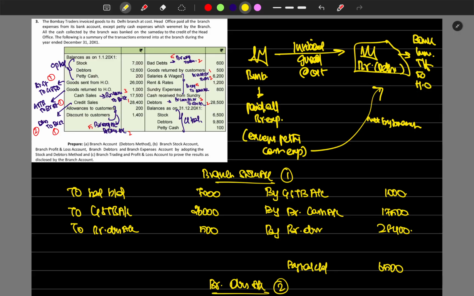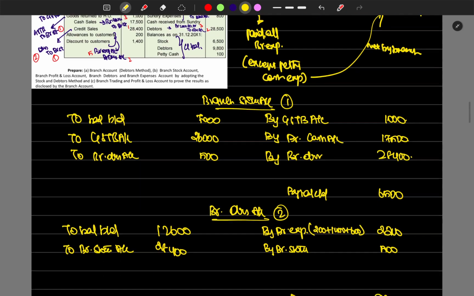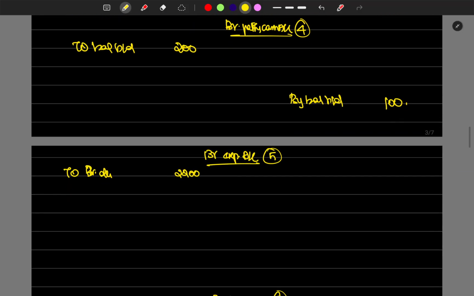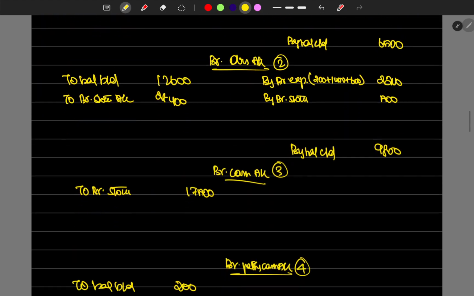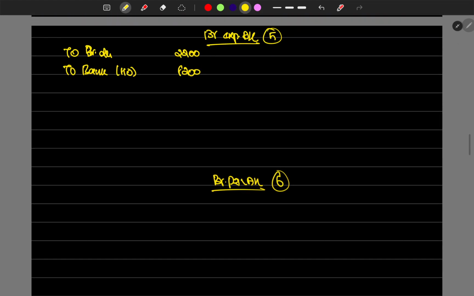Okay, 6,200 plus 1,200 plus 800, which is 8,200, paid by the head office. So branch expenses to bank account, paid by whom? Head office. 8,200. What are the values? 6,200, 1,200 plus 800.